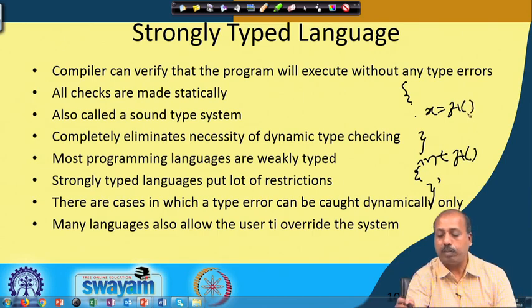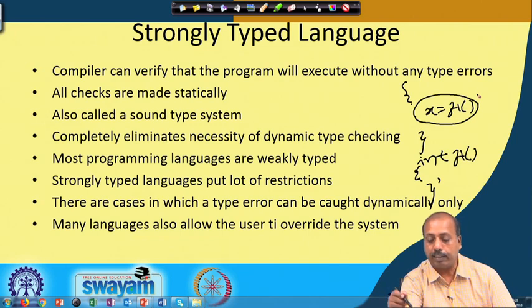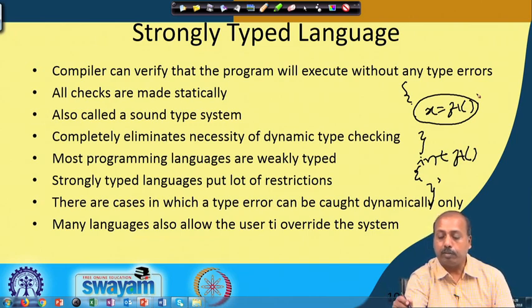Then at this point the compiler has not seen the type of f1. So it becomes difficult, because whether this statement is correct from the type point of view will depend on the interpretation of f1.